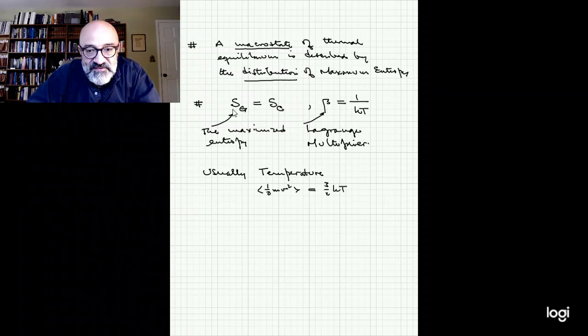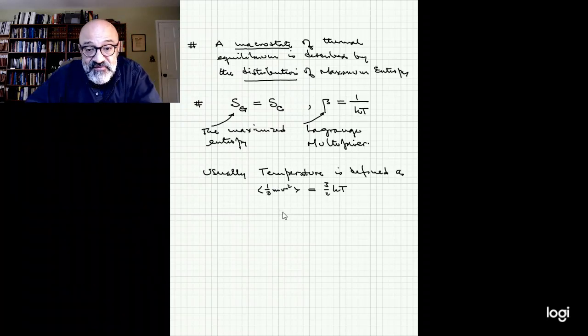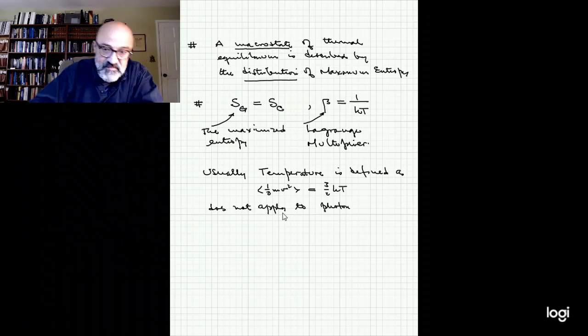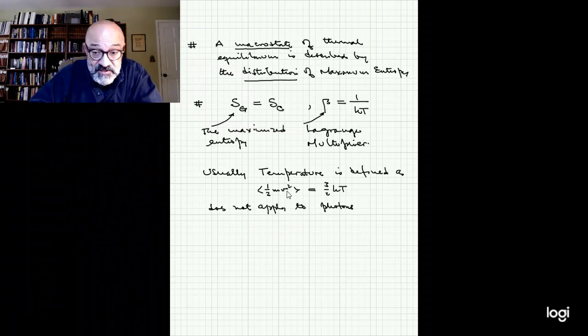But notice that this definition is limited because it definitely does not apply to photons. Photons do not have a kinetic energy, right? Definitely it's not going to be 1/2 mv squared. It does not apply to relativistic particles.